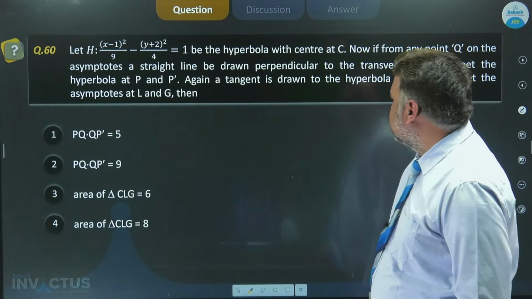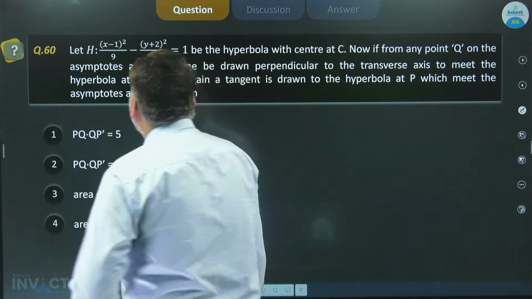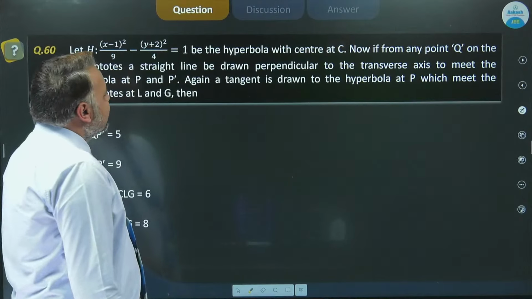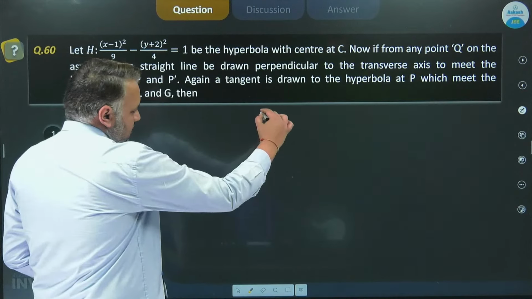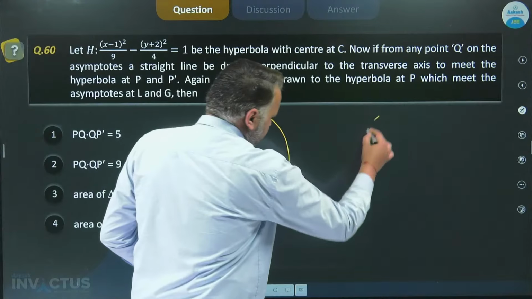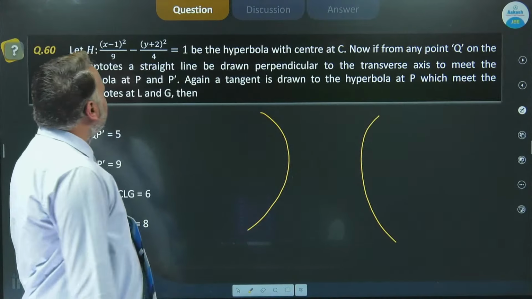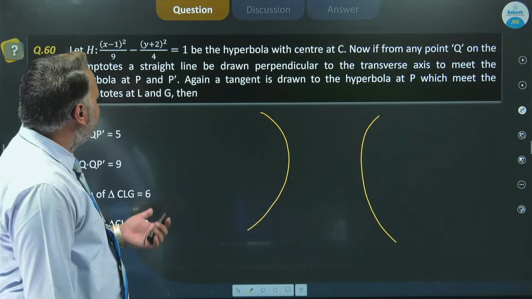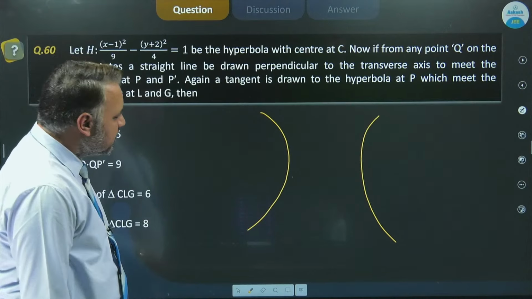Okay, moving on to the next question. This question is based on the properties of a hyperbola whose center is (1, minus 2). You know the lengths of the transverse and conjugate axes also.